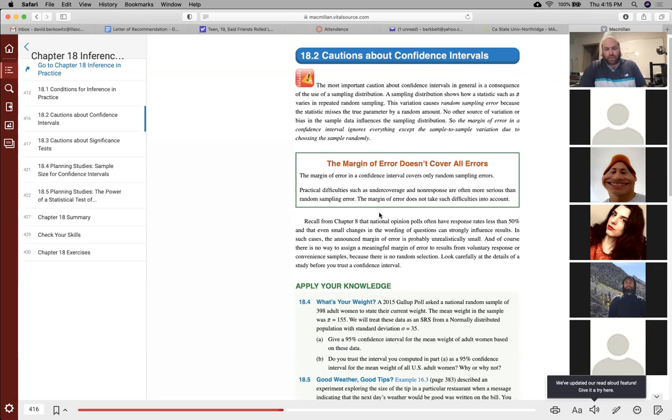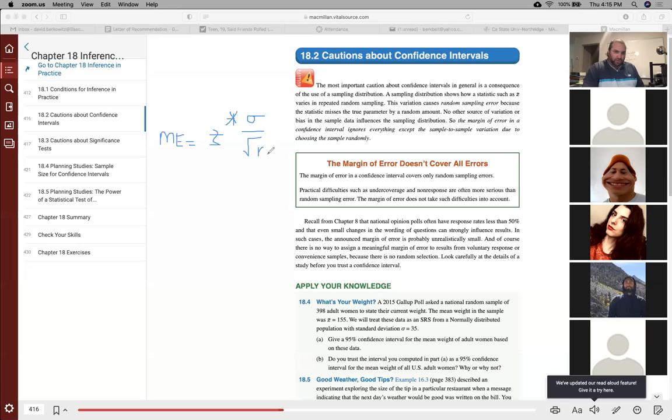Remember that the margin of error, and before we talk about this caution, someone remind me what's the margin of error again for the example that we did? Anyone remember the formula for the margin of error? Wasn't it the z critical times the standard deviation divided by square root n?